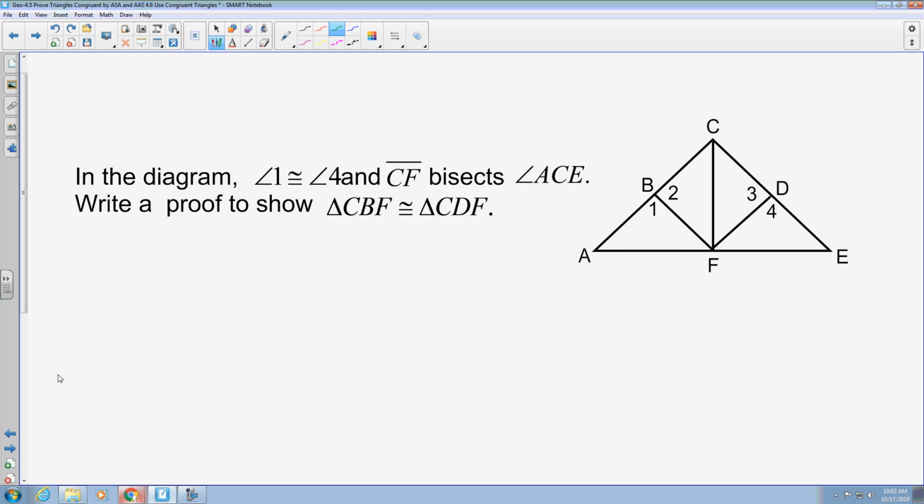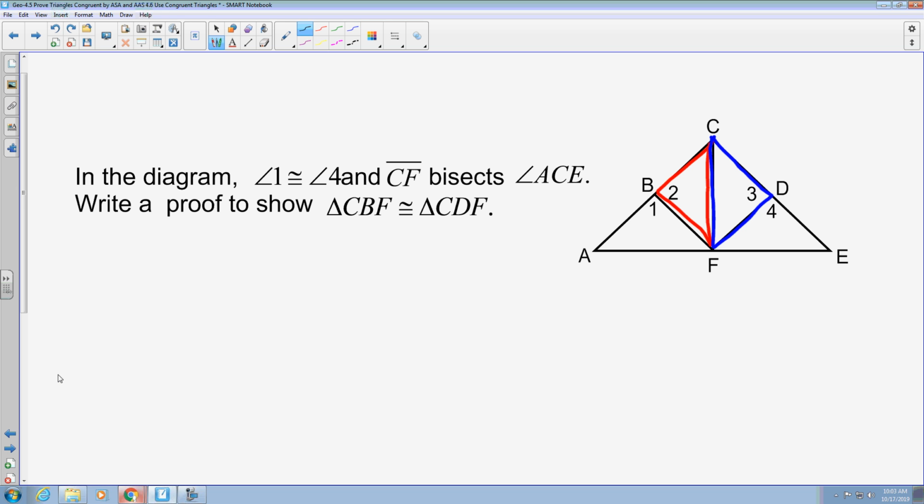I put it in different colors. They want us to show that triangle CBF is going to be congruent to triangle CDF. So the red triangle and the blue triangle in this diagram that I drew.